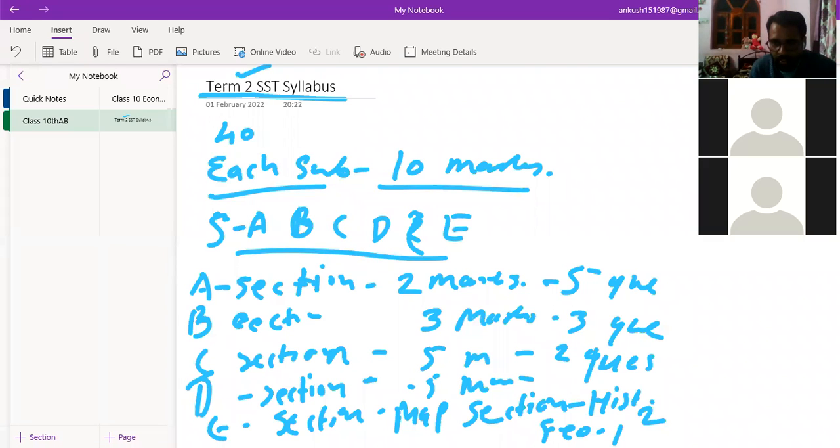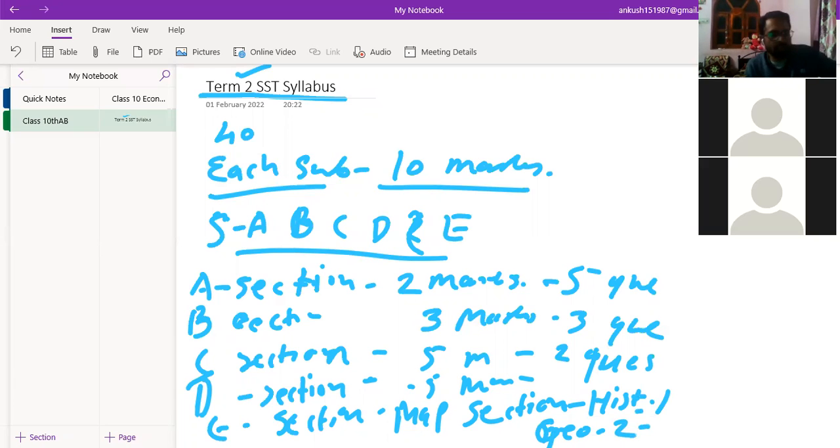From history there is only 1, and from geography there are 2 questions. Sir, what about choice? Choice will be given there, but you have to compulsorily attempt only one from history and two from geography.